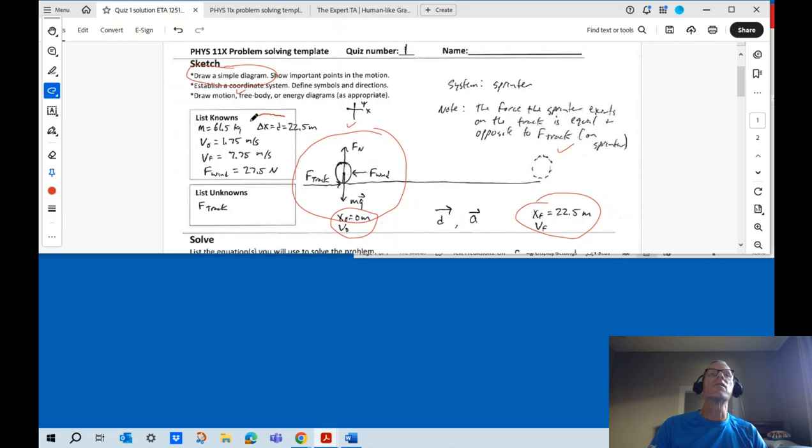And here I just said, okay, delta x, the change in position, is 22.5 meters, and then I labeled those here. Our coordinate system, so up and down is y, positive x direction is to the right, which makes sense. And I didn't do any sort of a motion or energy diagram, not really needed here.